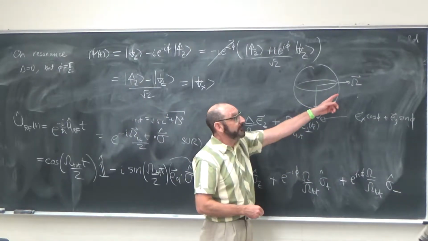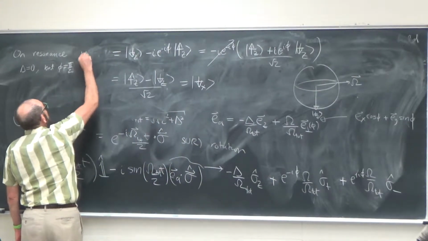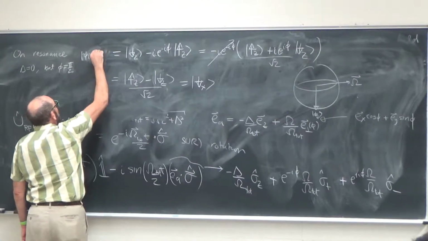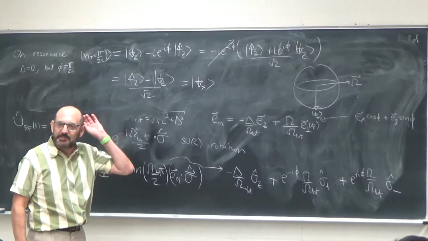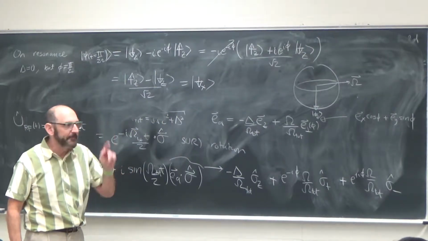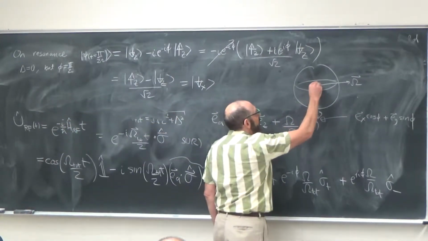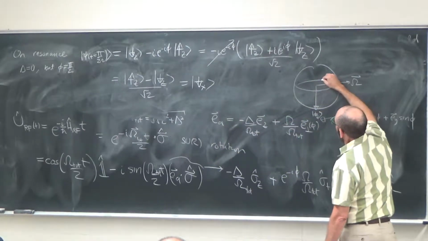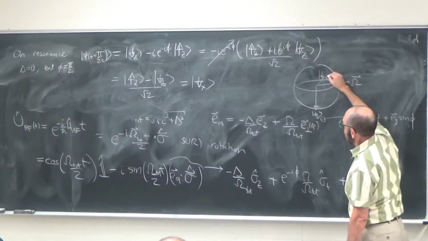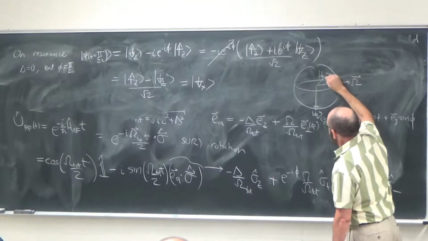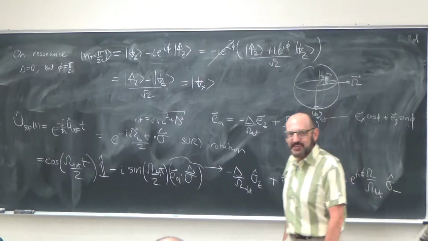So this is the time pi over 2 over omega, not an arbitrary time, otherwise I would have the time dependence. I was thinking about this for this particular time. When I do a pi over 2 rotation, this guy rotates and ends up here, which is spin down along x. That's what it is, right?